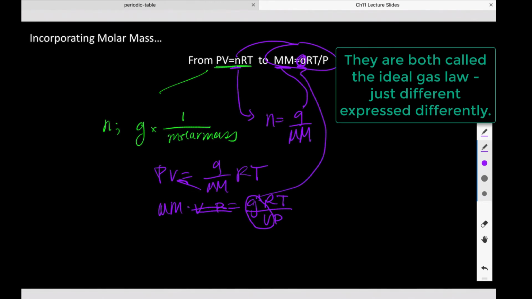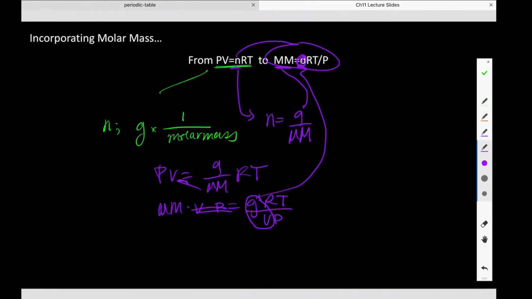Yes, does that make sense? All right, so anyway, that's how we get from PV equals nRT to molar mass equals DRT over P. You're not required to be able to do that, but I feel like you should. Okay. Either way, this equation does need to get committed to memory in addition to this one.